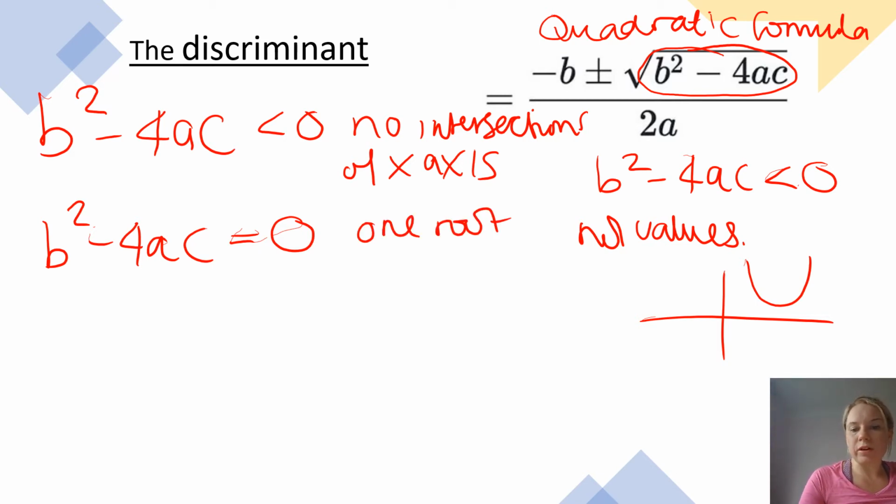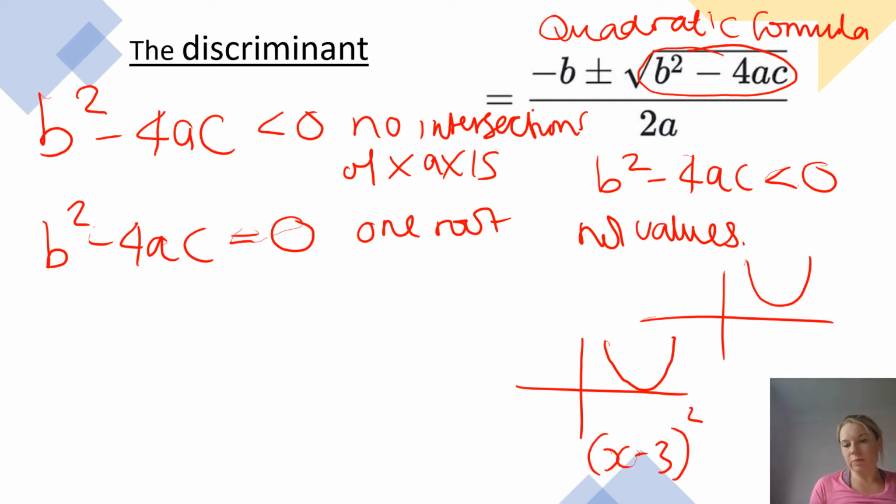What that would look like, it would kind of go on and there like that. For example, this one would be x minus 3 squared. It'd be 2 roots, but they would be the same. It'd be a repeated root, if b squared minus 4ac equals 0.